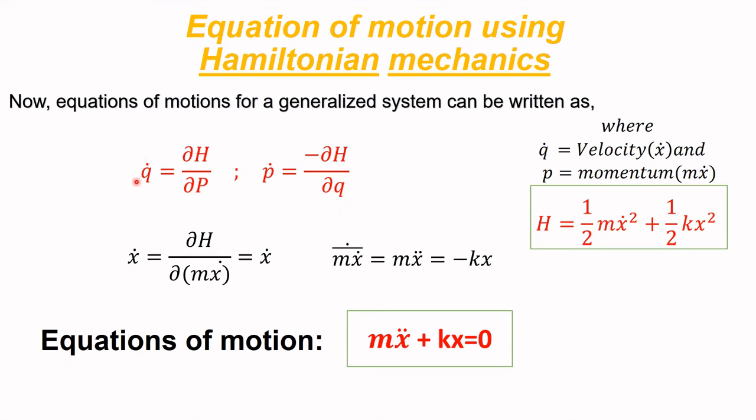Here you have to remember that q̇ is nothing but velocity, which can be written as ẋ, and p is the momentum, which is m into ẋ, or mass into velocity. So I will replace q̇ with ẋ here.